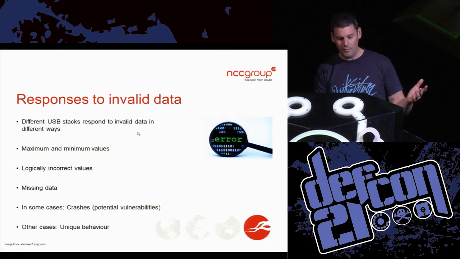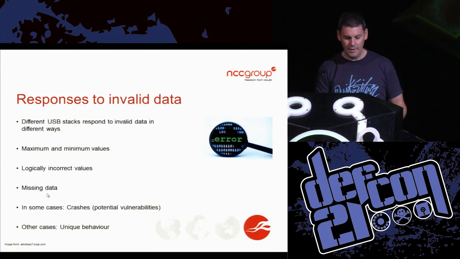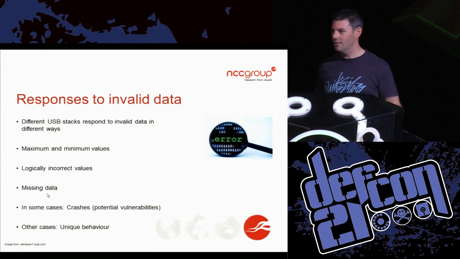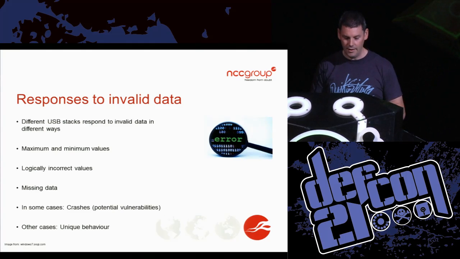Things like minimum and maximum values, logically incorrect values, missing data, long strings, format strings, all that kind of stuff. There are some situations I identified where you get unusual behavior that can be used for fingerprinting, but it's more useful as part of test cases for fuzzing to identify bugs.